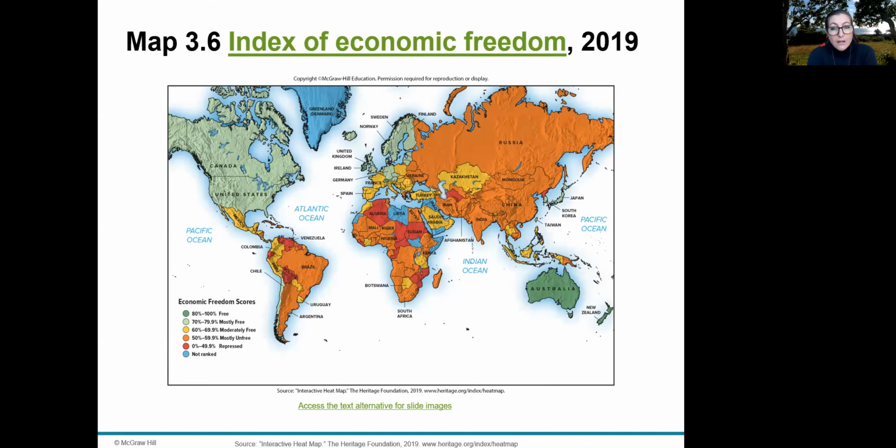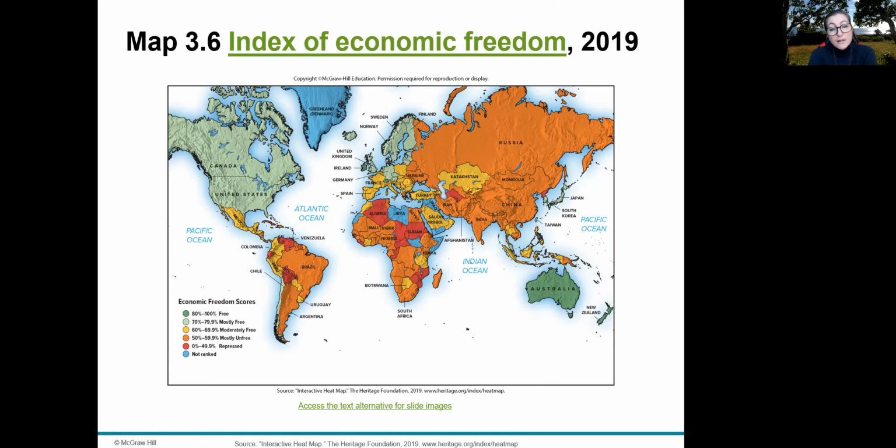So showing this economic freedom, we see that the red is indicating those nation states that do not have economic freedom, they're indeed repressed, whereas the green states are indicative of the higher levels of economic freedom.